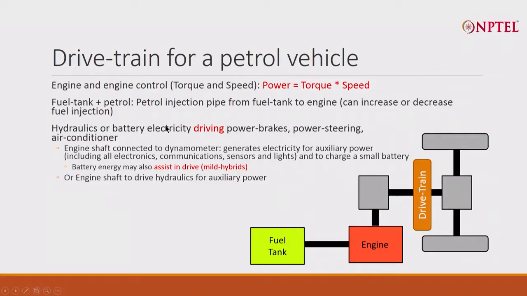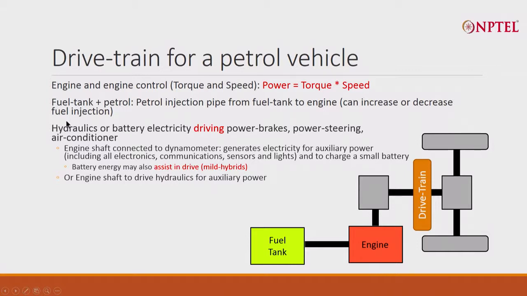Now, essentially this electricity will come from some kind of battery. So, in the first case, the conventional case, and in the second case, the engine shaft is connected to a dynamometer. A dynamometer will convert motion into electricity, and this electricity is what is used for auxiliary power, including for electronics, for any communication, sensors and lights, and it will charge a small battery, and that power from the small battery could drive power brakes, power steering, even the air conditioner if a dynamometer is put.